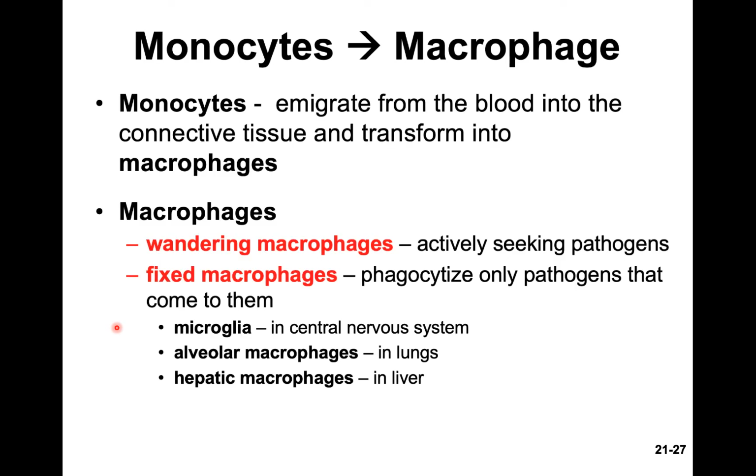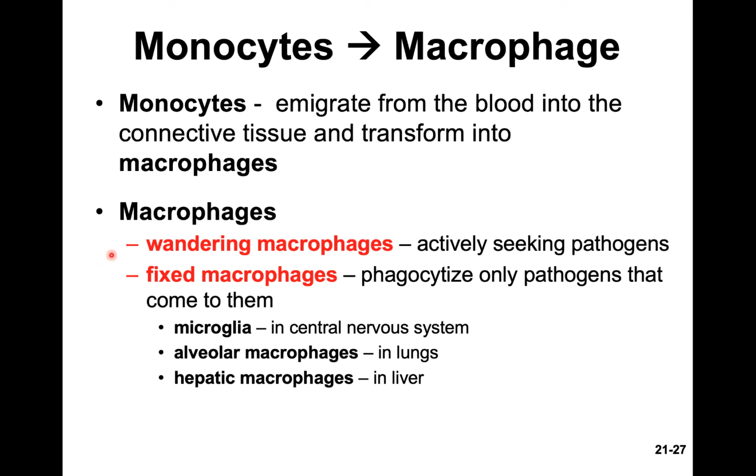Then you got monocytes. Monocytes are large cells from the blood that eventually transform into macrophages, and these guys do phagocytosis. There are 2 types of macrophages, wandering and fixed. Wandering macrophages are the types of macrophages that are able to walk around your body, and they have these like legs and branches that can extend out pretty far.